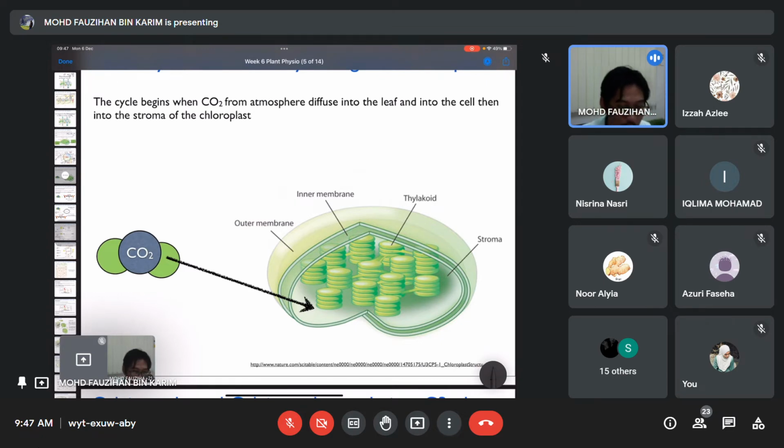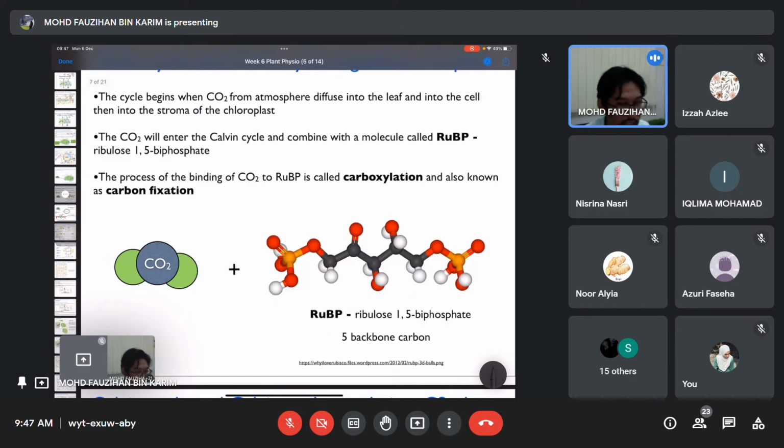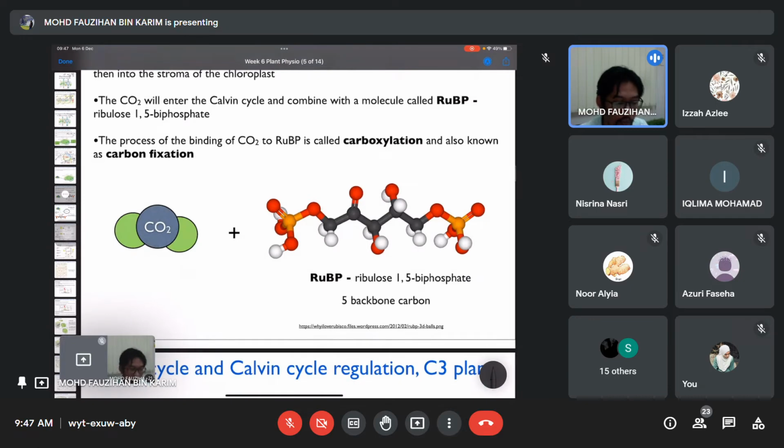So these are the simple things, and the rest of the notes is just explanation of the figure that I've just explained. Right? This is the RuBP, ribulose 1,5-biphosphate. Why 1,5? Because biphosphate, there are two phosphates attached here to carbon number 1 and carbon number 5. Right?